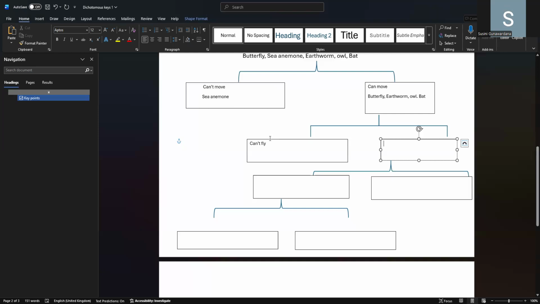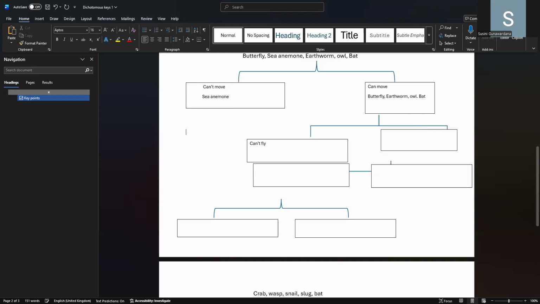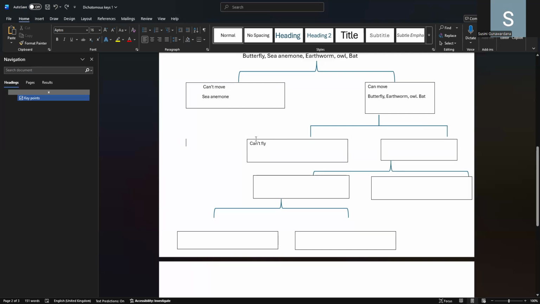Here we are going to talk about the characteristics, so I think it is better to write have wings and haven't wings. So who are the animals that don't have wings? That is earthworm.